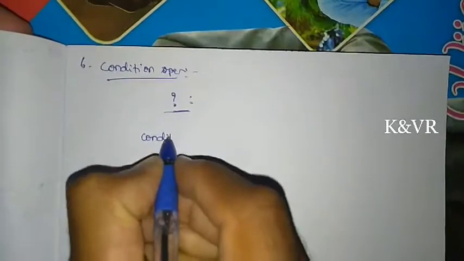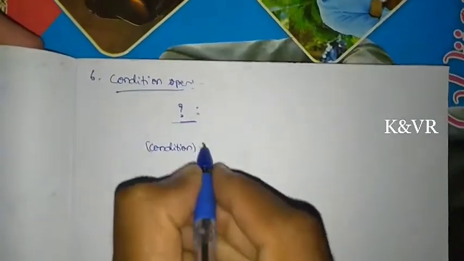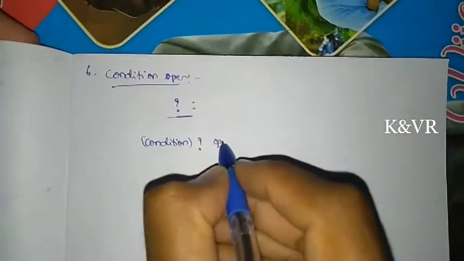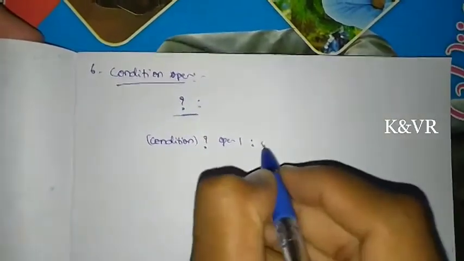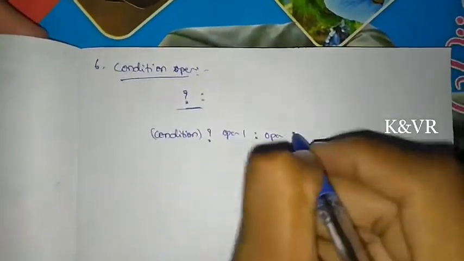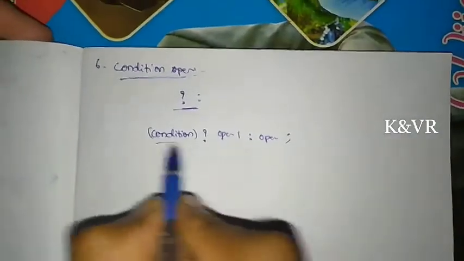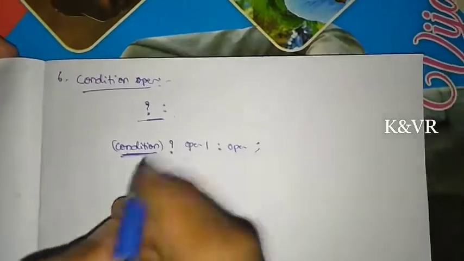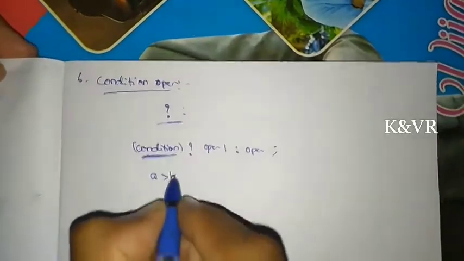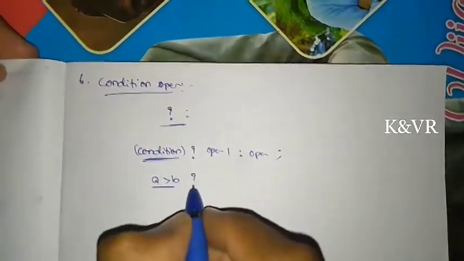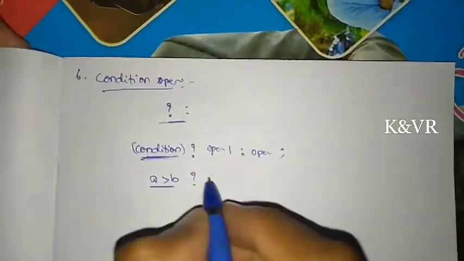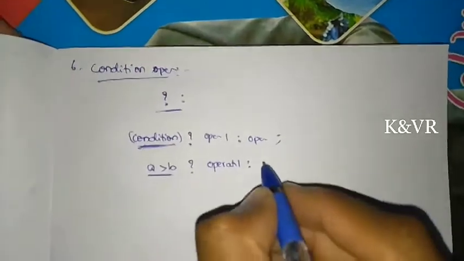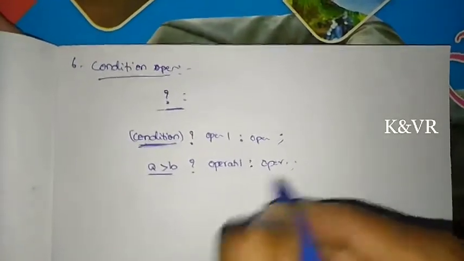Condition, question mark, operation 1, colon, operation 2, and closing the statement. What happens here is, first it will check the condition. Suppose I am taking a greater than b. This is the condition it is checking. If it is true, operation 1 will execute, or else operation 2 will execute.